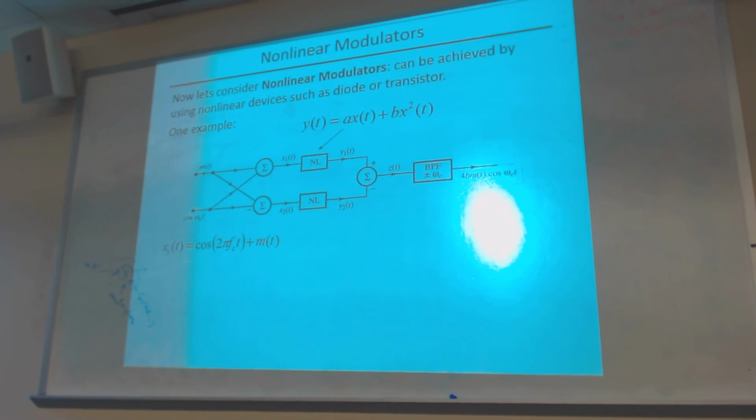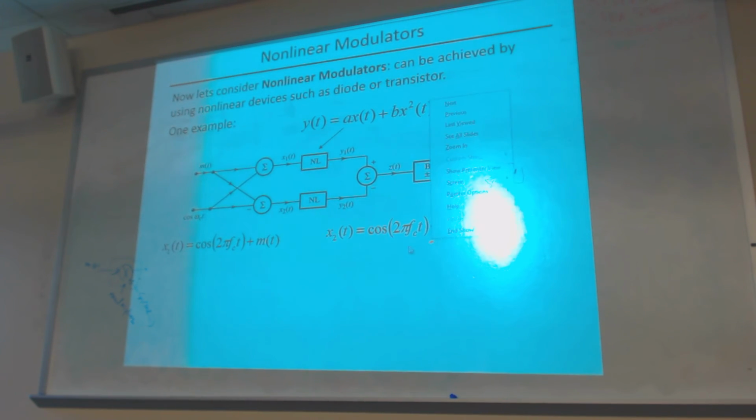But let's look at the details. x1 was m(t) plus cosine, and x2 is m(t) minus cosine. Then for y1, the input is x1, so it's a x1 plus b x1 squared. This is the output.